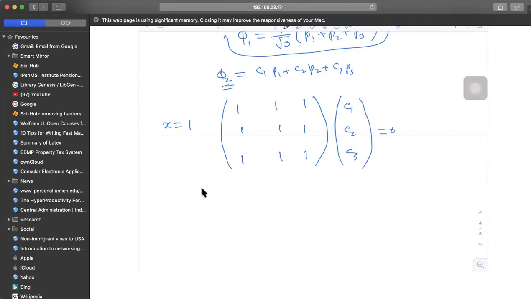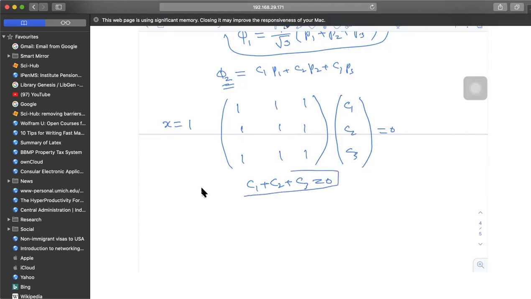If you multiply it, you will get C1 plus C2 plus C3 is equal to 0. In fact, even though you think that you may get 3 equations, they are all the same. So all that it says is that C1 plus C2 plus C3 must be 0. Actually, I would have liked to have more equations because I have 3 unknowns here, right? But from these, I have only one equation, but I can get one more equation.